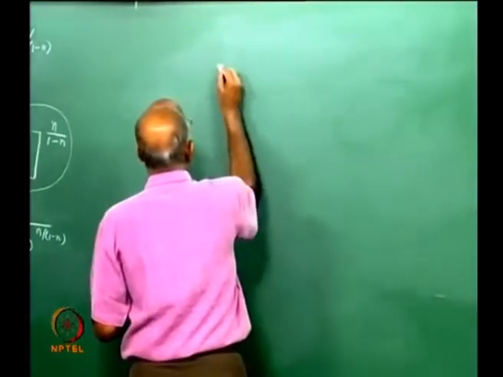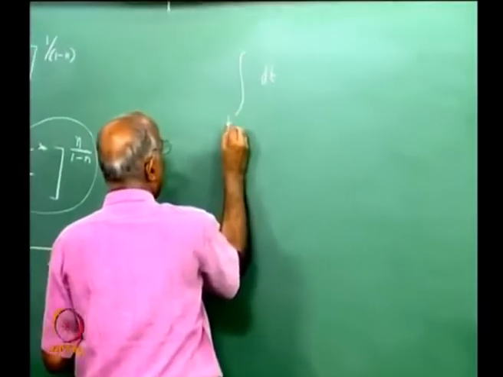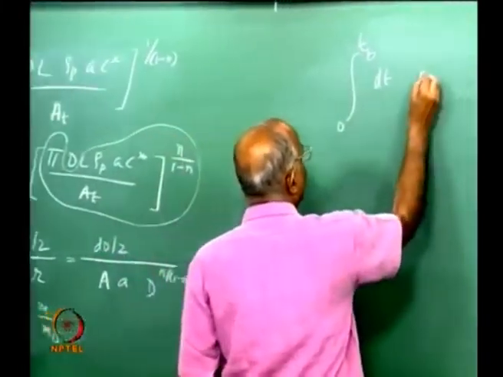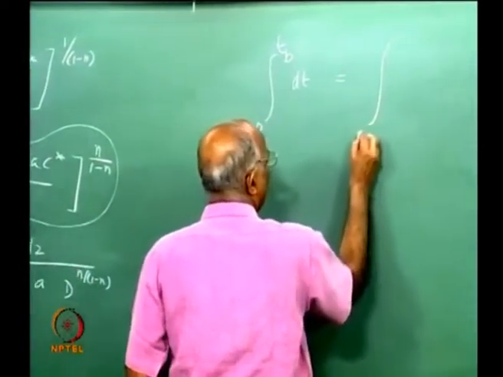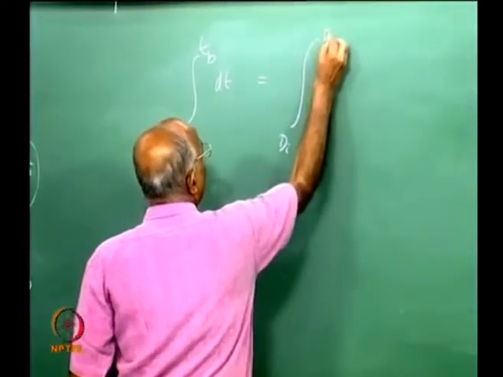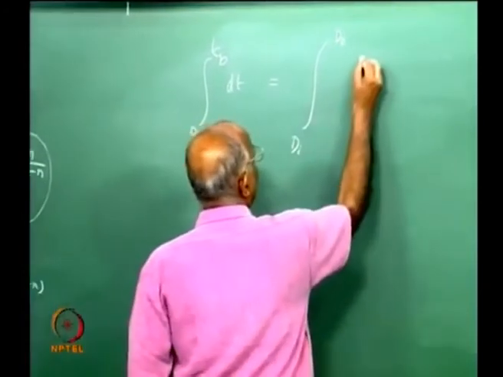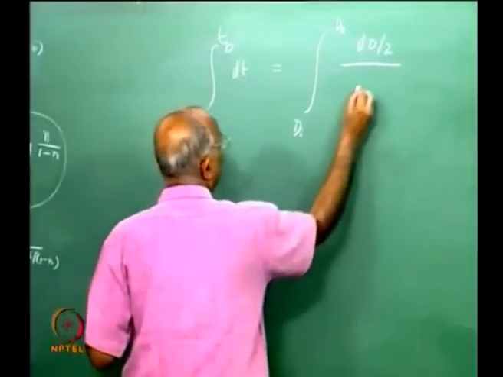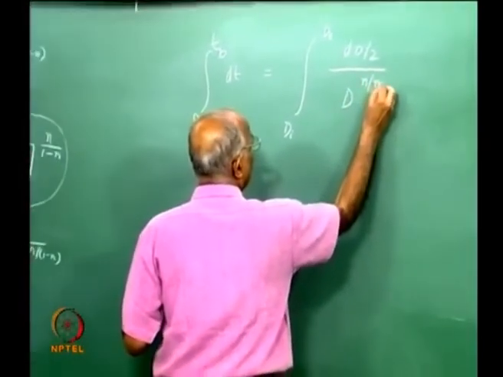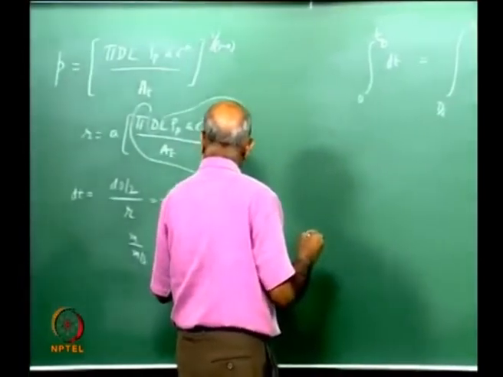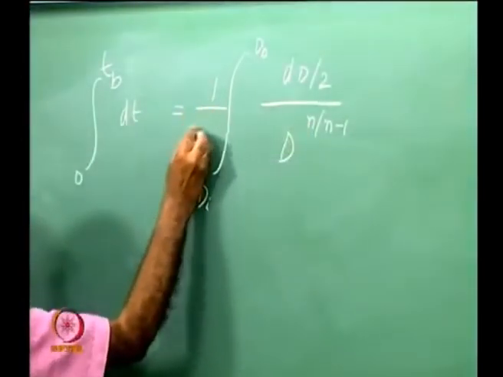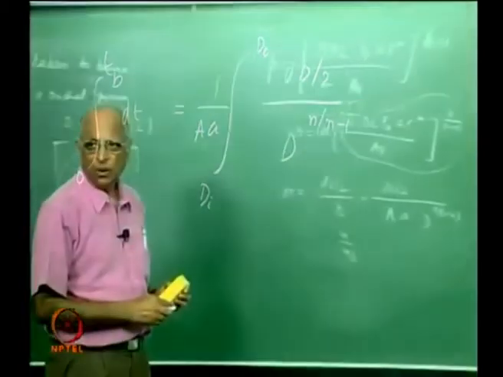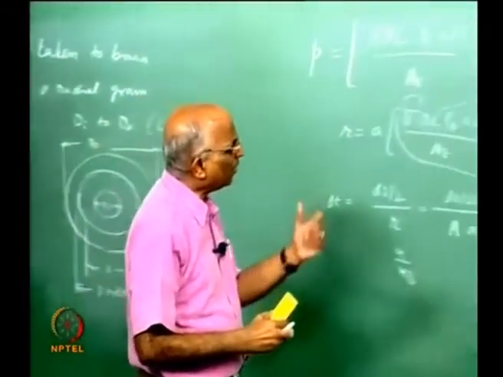Therefore, I get dt going from the start to the end, which is the burn time, and this must be equal to the integral from the initial diameter to the outer diameter of dd divided by 2 divided by d to the power n by n minus 1, and I can take a outside, which is 1 by a into a, because these are all constants. All right. Now, what do I get on integration?